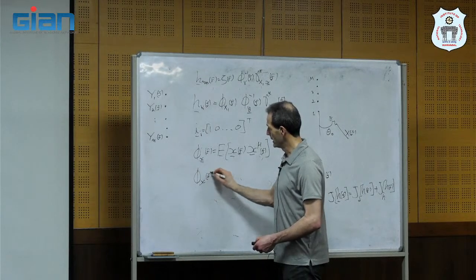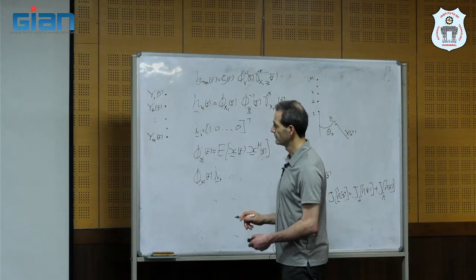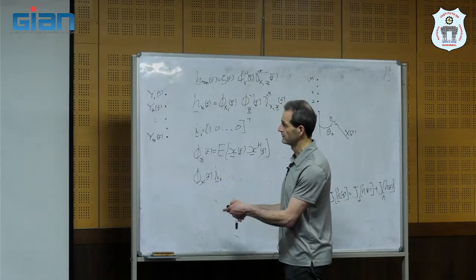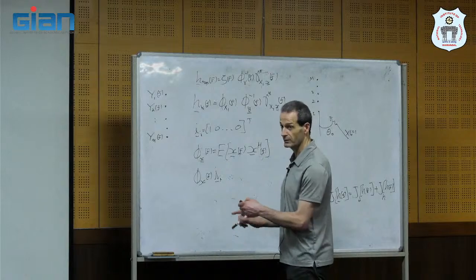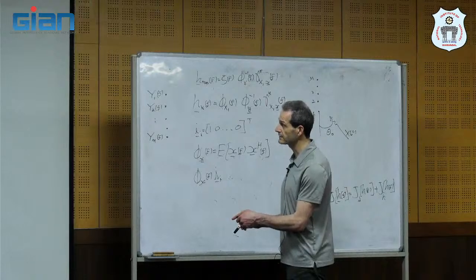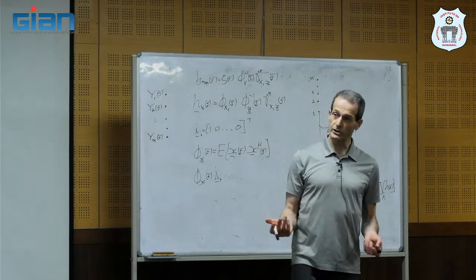So if we take this matrix and we multiply it with this vector, we get the correlation between the vector x and only the first component, which means x1 complex conjugate. You see? So we replace this vector with this matrix multiplied with this vector. Now, instead of phi x, we can write that phi x is phi y minus phi v. So we get this expression.